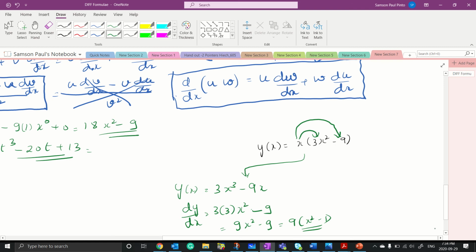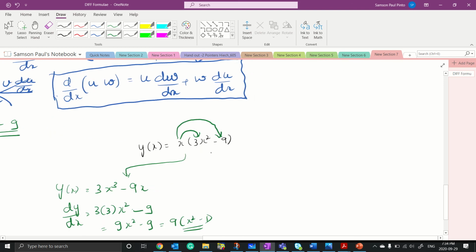Next, in order to show you the product rule, I'm also going to solve this using product rule, where I take u as x and v as 3x square minus 9.